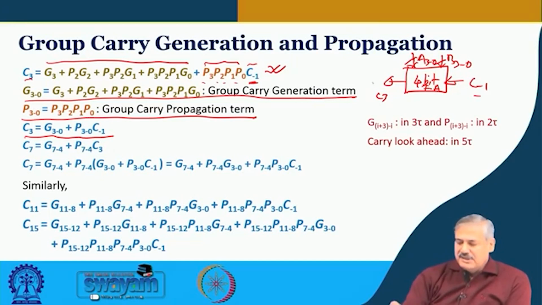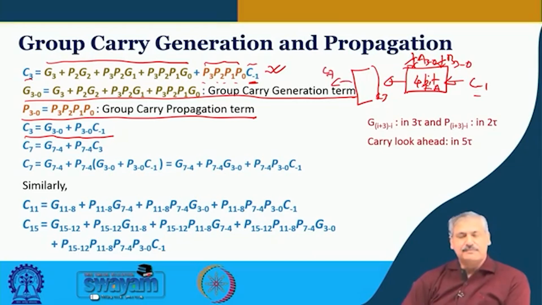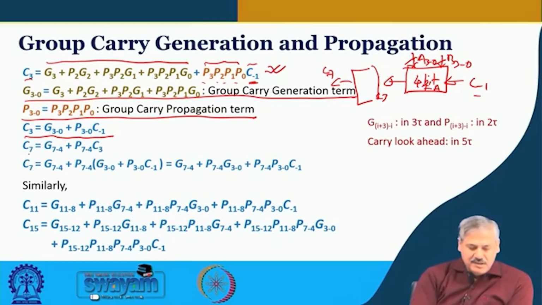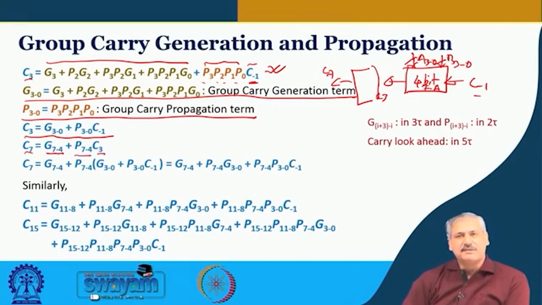Now, if there is another block after this which takes C3 as input and generates C7. Okay. So, this C7 can be written from the generation term and propagation term that is generated at that particular block, G7 to 4 and P7 to 4, and with input as C3. This is just a similar thing, right.